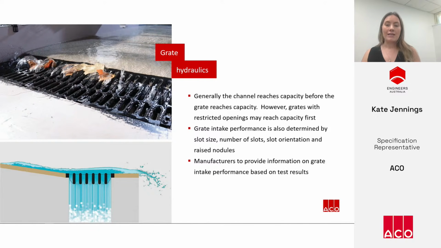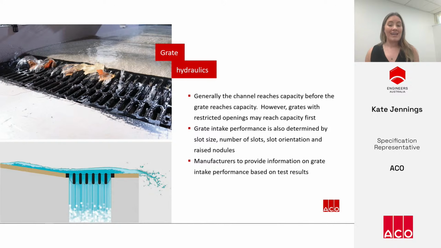Beyond the channel, the grate is the other consideration. So typically a channel will reach its hydraulic capacity before the grate, but depending on the style of the grate, it might not be capable of capturing all of the flow, even if the channel is correctly sized. And grate failure is categorized by the water bypassing the grate, as shown in the bottom image.